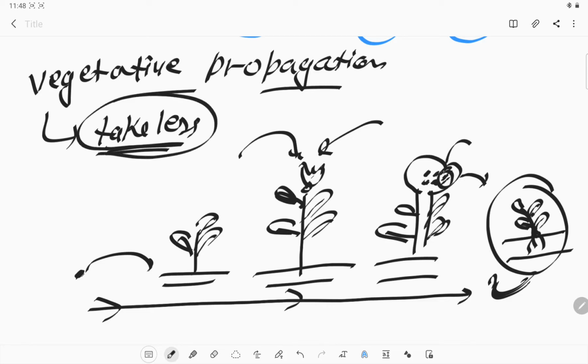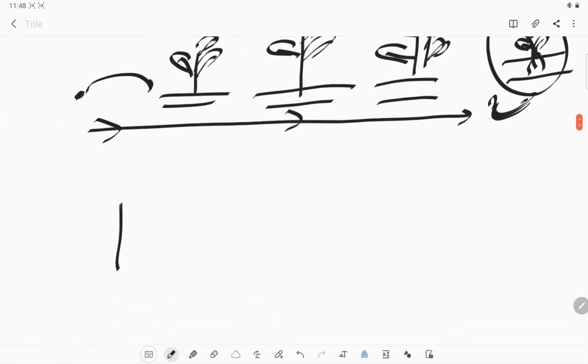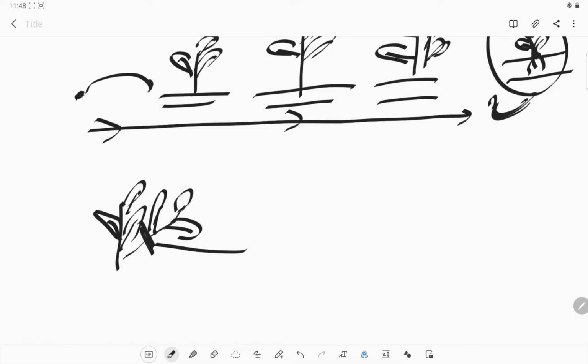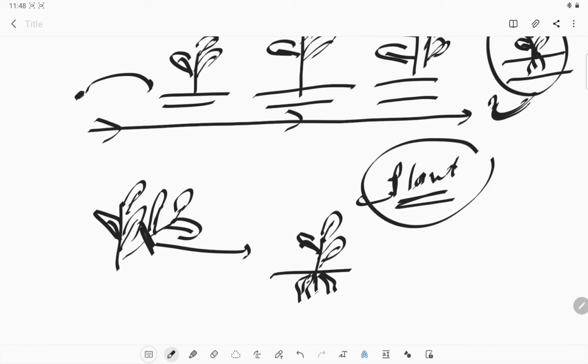But in vegetative propagation, what is happening? Normally this is just a plant, and if we cut the stem of that plant, this normal growing plant, and bury it into the soil, it develops roots from that stem, and this is another plant. We have grown a new plant. And if we grow a new plant, that is known as reproduction.